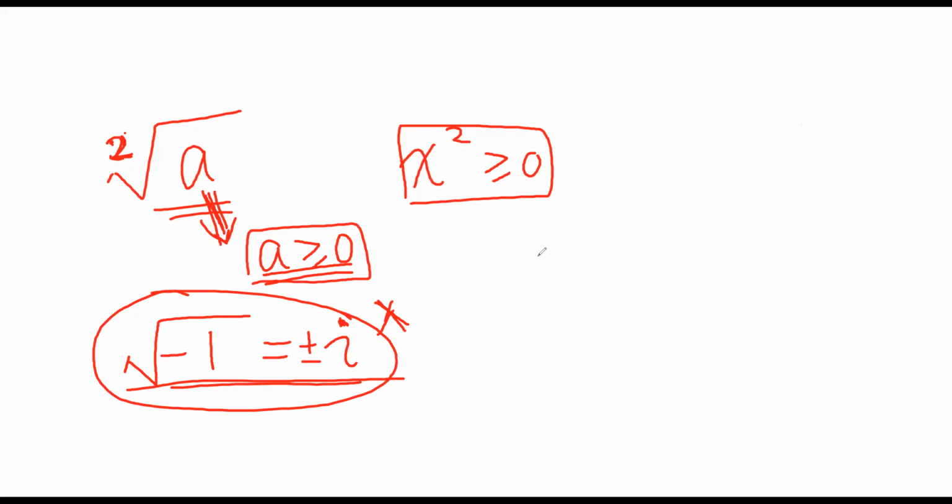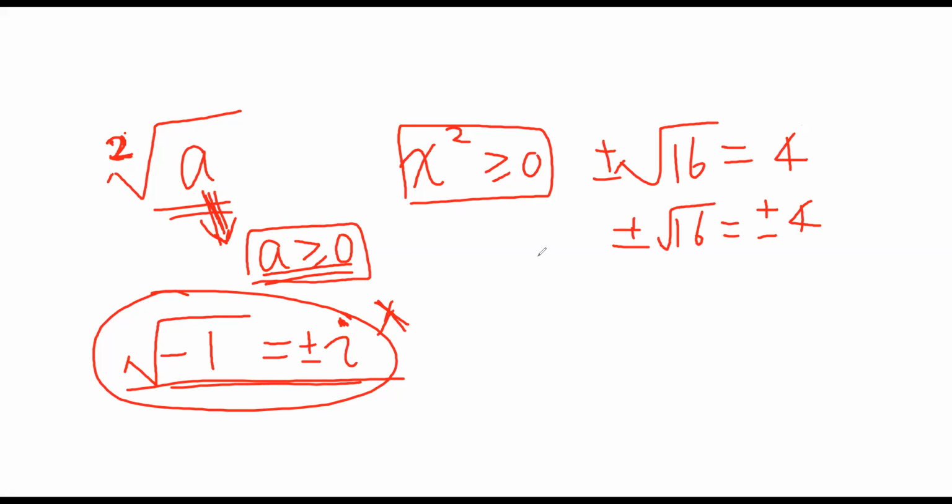Similarly here, square root of 16 equals 4, and there can be a positive and a negative 4. You can say that 16 has 2 answers. But most of the time, when we say square root of 16, we only need the positive answer.